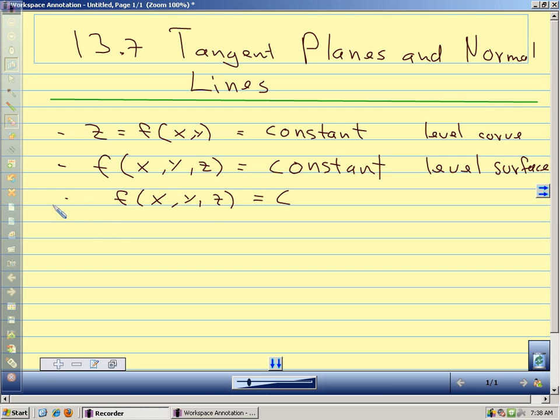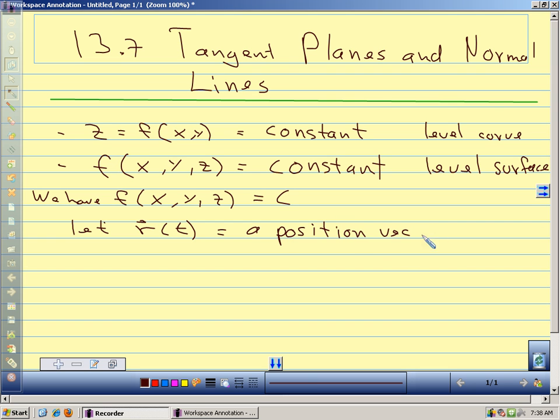Let's assume that we have a function in this form, and we're going to let r of t be some position vector of a curve on the surface. So r of t is just a vector valued function that describes a curve on the surface.